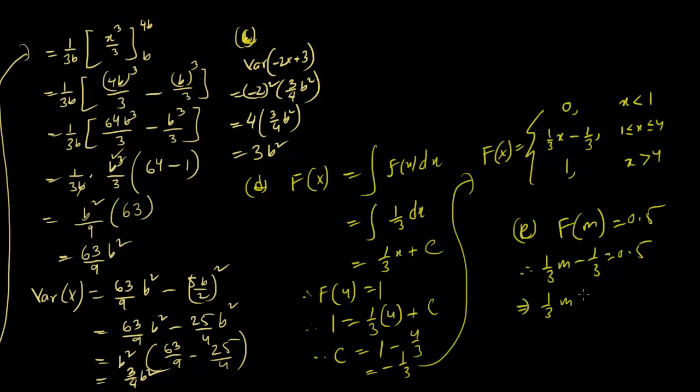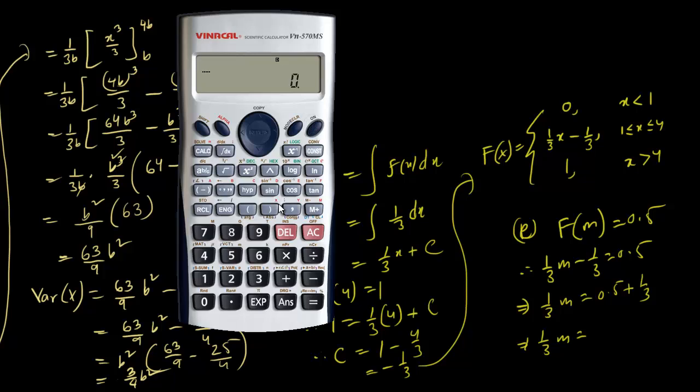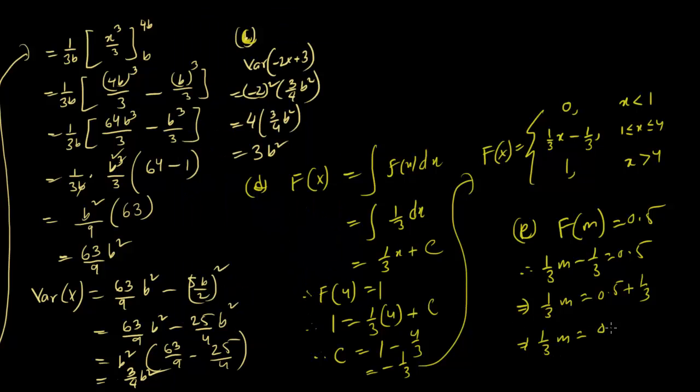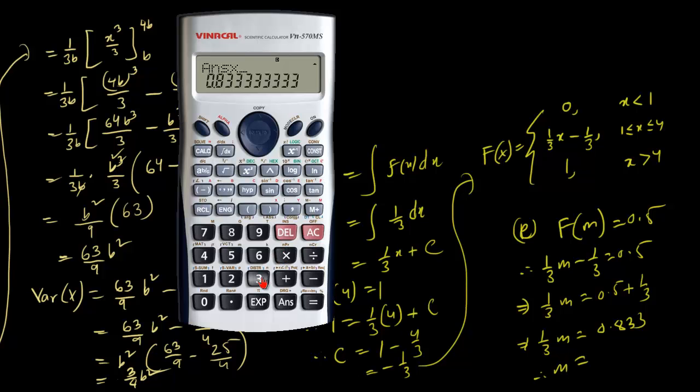It would be 1 by 3 m equals 0.5 plus 1 by 3. So that is 0.833. Now we have to multiply this with 3. Therefore, the median would be 0.833 multiplied by 3, and that is 2.5.